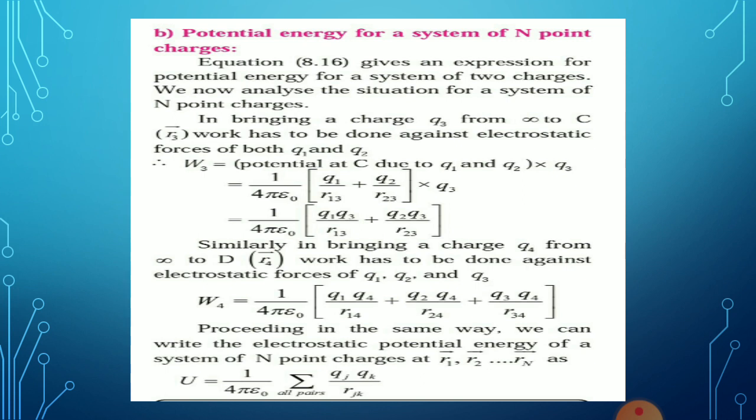Proceeding in this same way, we can write the electrostatic potential energy of the system of n point charges at R1 bar, R2 bar, R3 bar, R4 bar, and so on up to Rn bar, as U equal to 1 upon 4 pi epsilon 0 into summation over all pairs Qj into Qk upon Rjk.